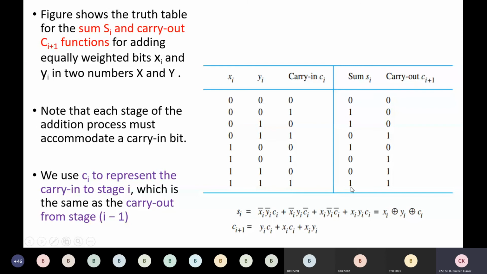So we keep 1 here and the carry out is 1. In this way we have these values for the sum and these values for the carry out. And we try to make an expression from this sum, which is Si. So Si equals this expression we got. How do we get this expression? We will see in the next class.